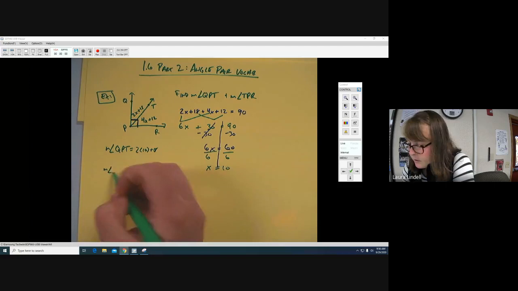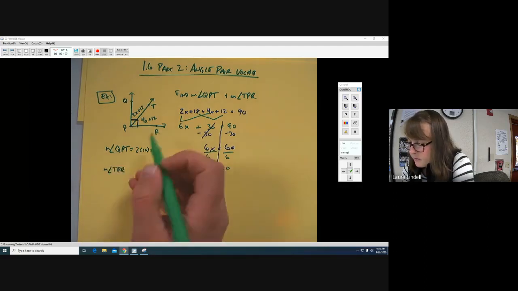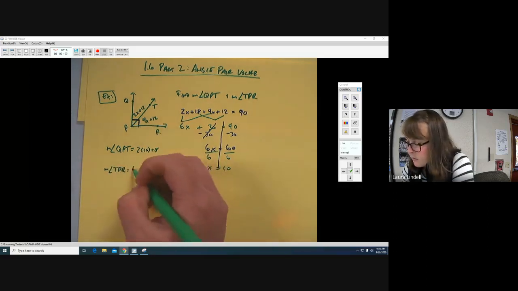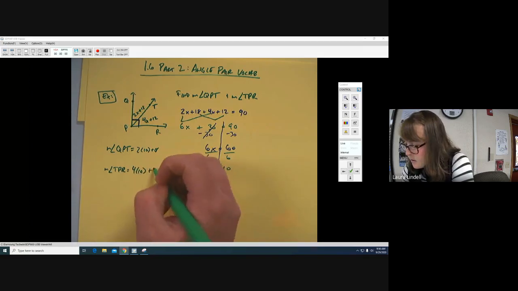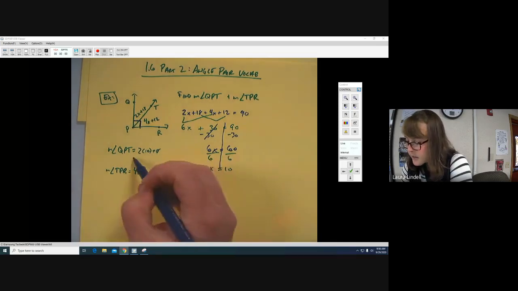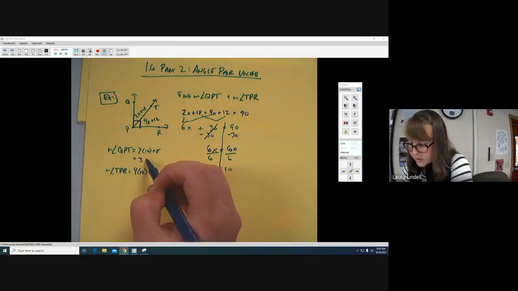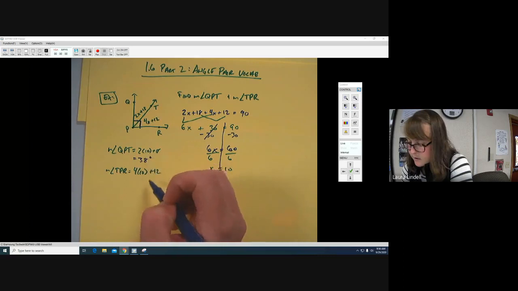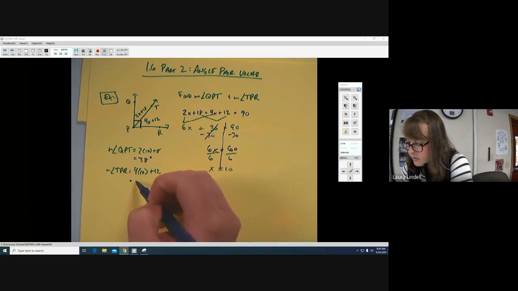We know angle TPR was 4x plus 12. So 4 times 10 plus 12. And then 2 times 10 plus 18 is 38. 4 times 10 plus 12 is 52.